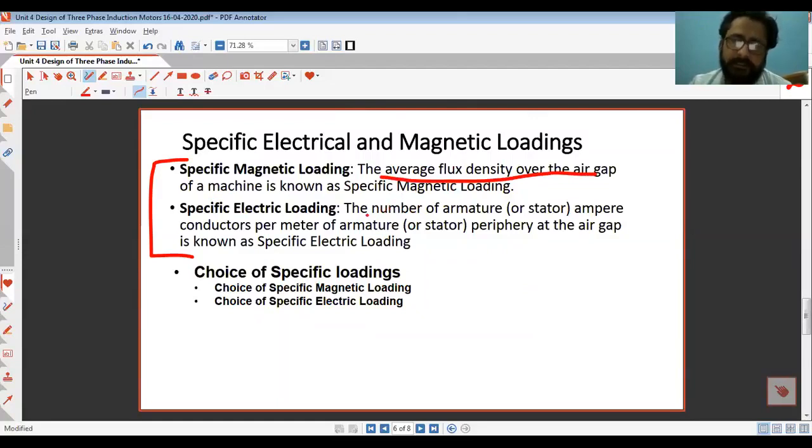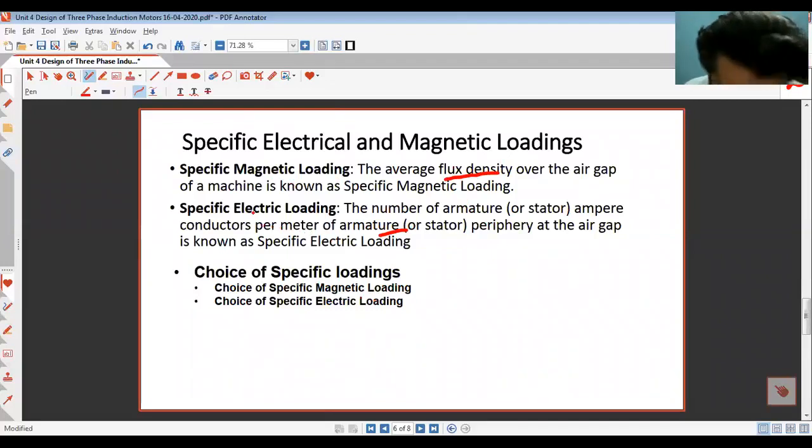Specific electric loading is the number of armature or stator ampere conductors per meter of the armature periphery, because conductors can be placed on the armature, or inside the stator bore also. So it is IZ by pi D. Specific magnetic loading is P phi by pi D L, and specific electric loading is I into Z by pi D.